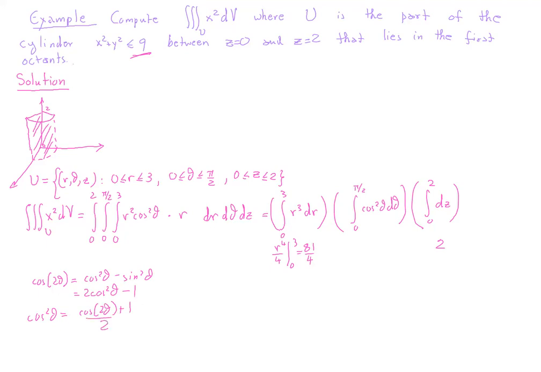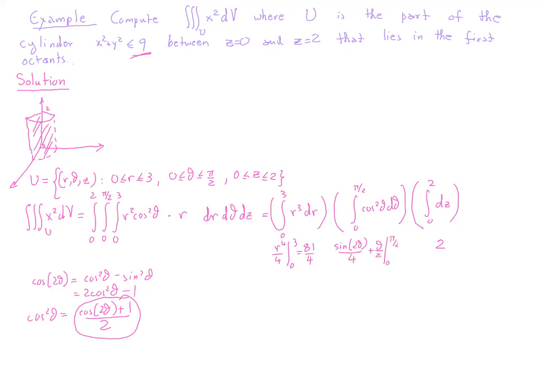You may want to just remember this formula. I usually just remember the double angle formula and deduce everything else, because now I need to just integrate this. And what is the antiderivative of this? The antiderivative will be sine of 2 theta over 4 plus theta over 2. And you want to go from 0 to pi over 2.